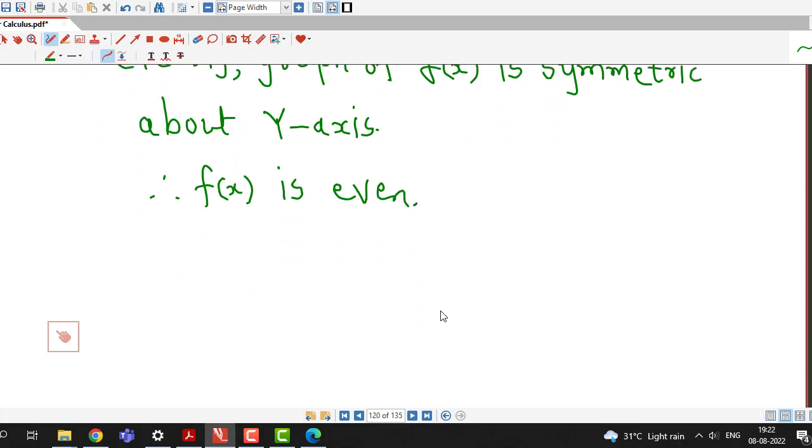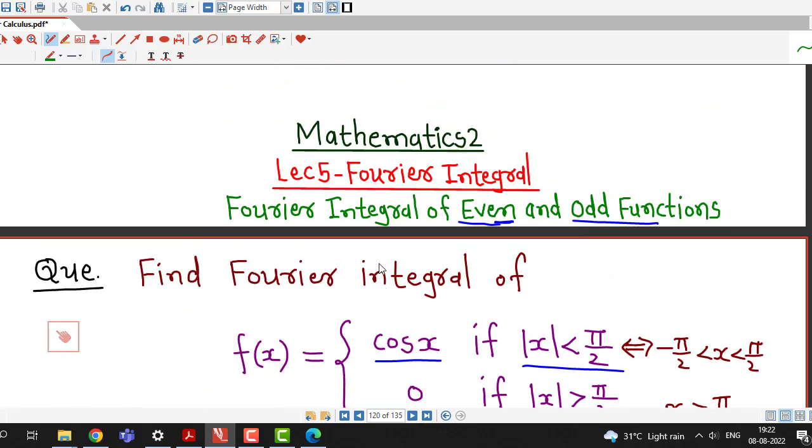And if you remember, if function f(x) is even, then we will have b(omega) equal to 0, which we have discussed in lecture number 4.